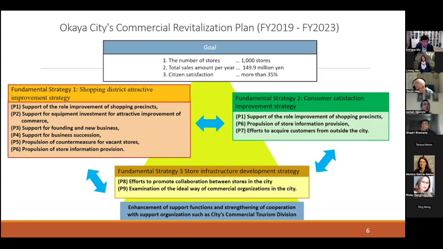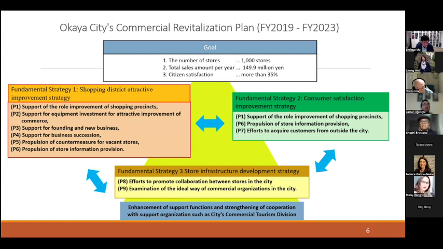The Okaya Commercial Revitalization Plan can be represented with a diagram like this. P stands for program, but here I will refer to them as a policy. As you can see, there are totally 11 policies.